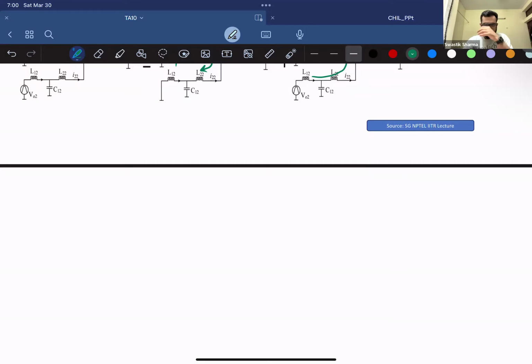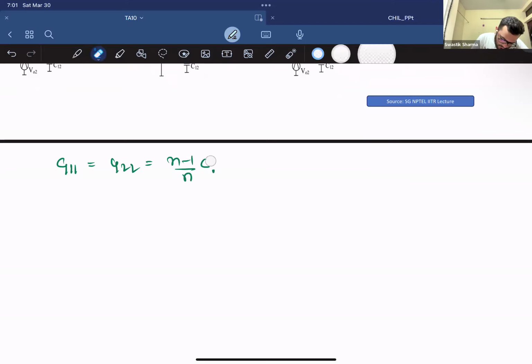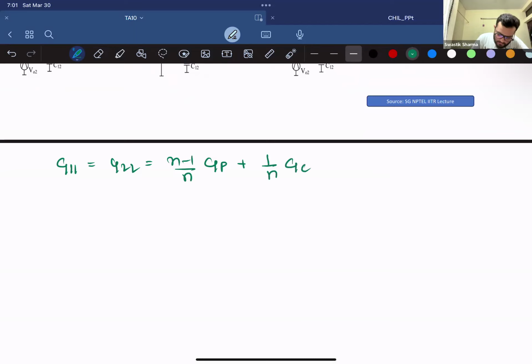So in his derivation, he derived G11 and G22 will be the same, which were (n minus 1)/n Gp plus 1/n Gc.